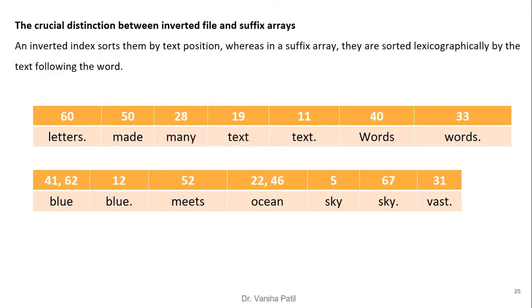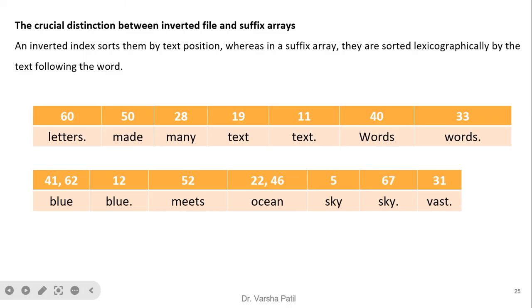The crucial distinction between the inverted file and suffix arrays: inverted file sorts them by text position, whereas in suffix array they are sorted lexicographically by the text following the word. So if we create the suffix inverted file for this, then we get a table with 2 columns, first is vocabulary and second is the location where it comes, and the words are arranged in sorted order, and there is no distinction between letters, and there is no distinction between text and text dot, words and words.